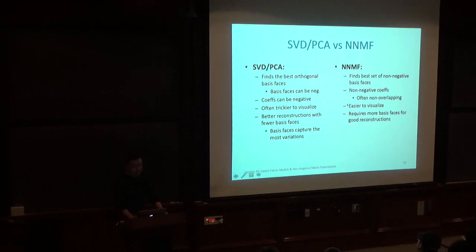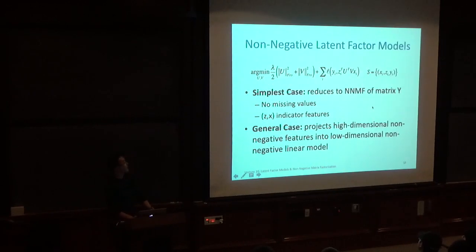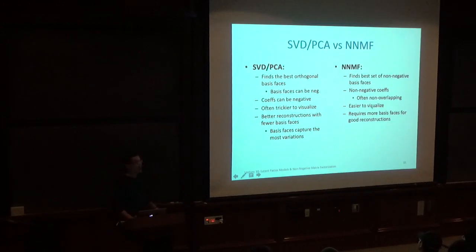And one of the things is that with non-negative matrix factorization, the bases are often easier to visualize. Now, what you see is literally what it is. And this is true for many applications where a negative value doesn't even make sense, like, what does a negative pixel value mean? Of course, by virtue of PCA and SVD finding orthogonal bases, you can find better reconstructions with fewer bases.